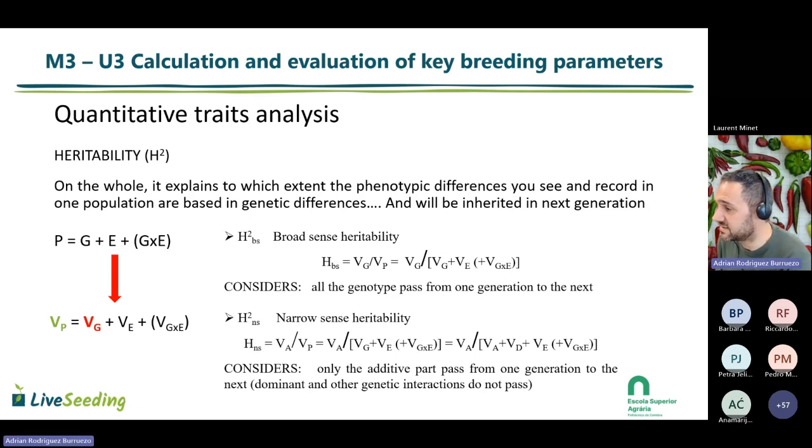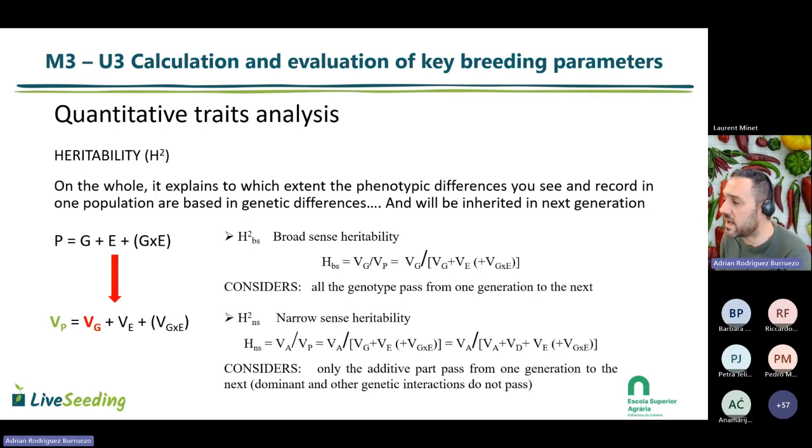In such case, this heritability is useful when all the genotype of the selected individuals or the genotypic part passes from one generation to the next. I will explain later with a bit more detail what this means.